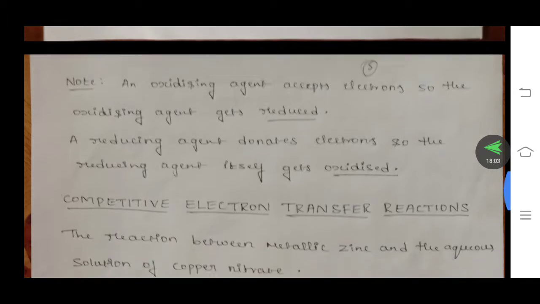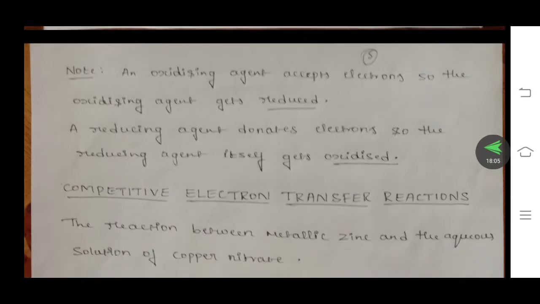The oxidizing agent is undergoing reduction. A reducing agent donates electrons, so the reducing agent itself gets oxidized.